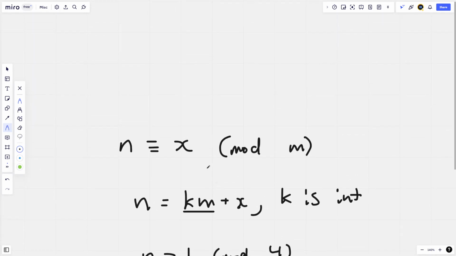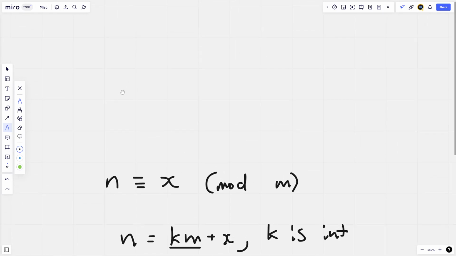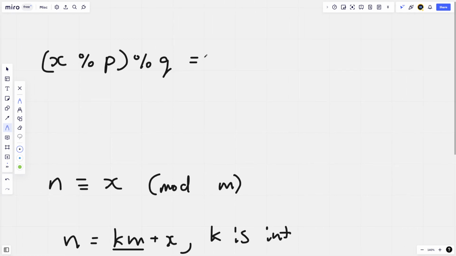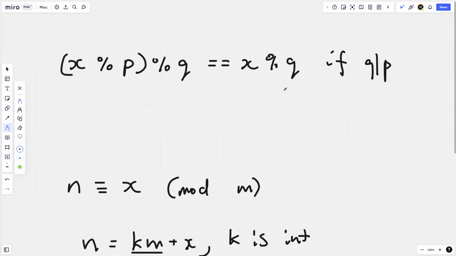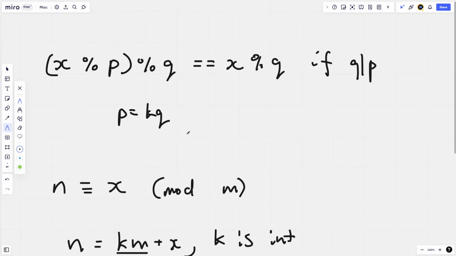And so, the important property that I'll write out first is that x modulo p modulo q is the same thing as x modulo q if q is a factor of p, or p is a multiple of q. Why is this the case? Well, if p is a multiple of q, then p is equal to kq, where k is some integer.